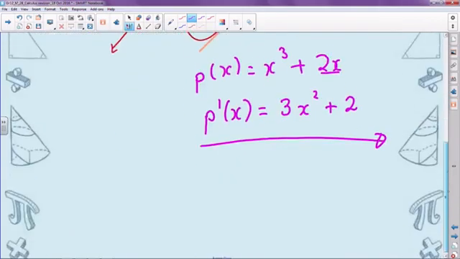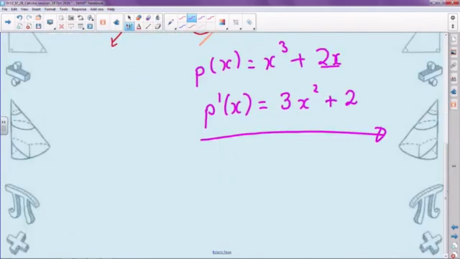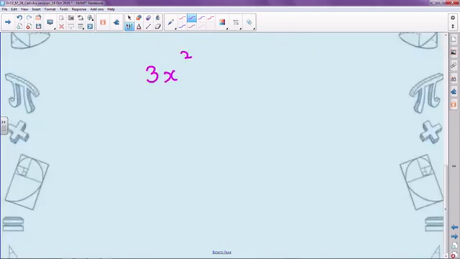Now, if you look at this gradient function, 3x squared plus 2, you're always going to have a gradient that is greater than 2. How do I know that? Well, if you look at 3x squared, the fact that x is being squared will tell you that this function will always be greater than or equal to 0. All right?